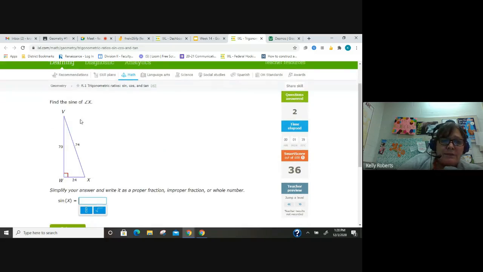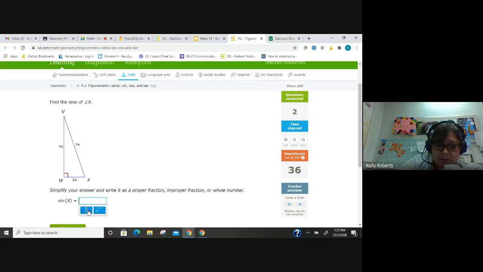All right, this one is a sine problem. The sine of x. Sine is opposite over hypotenuse. So in SOHCAHTOA, that's the SOH. So the opposite, which is opposite the x, is 70, over the hypotenuse, which is opposite the 90-degree angle, so that's 74.